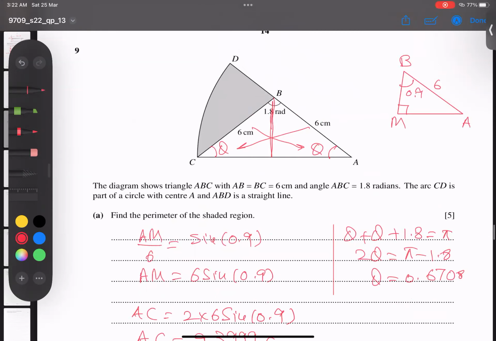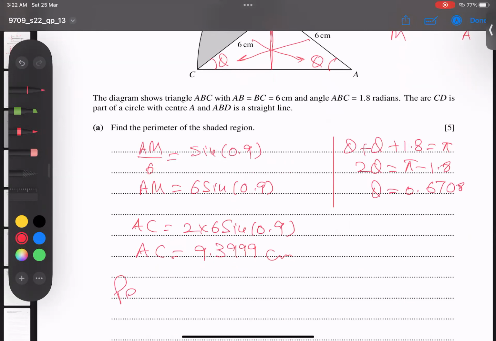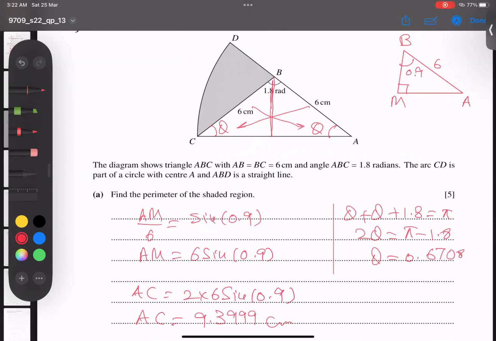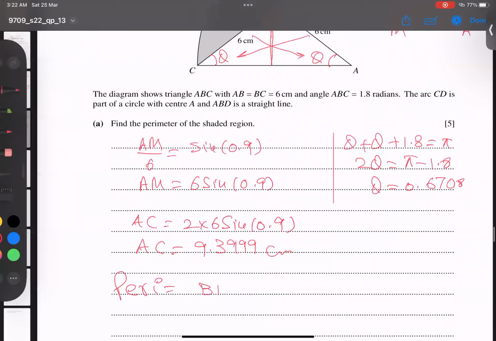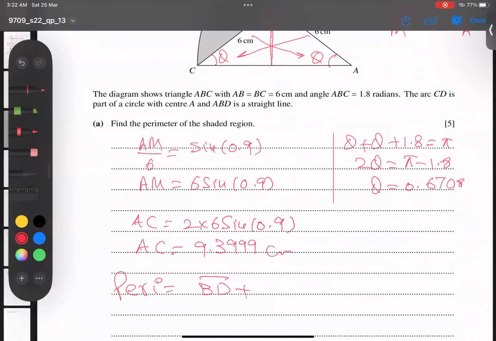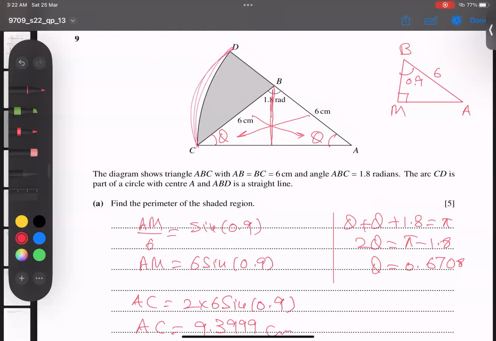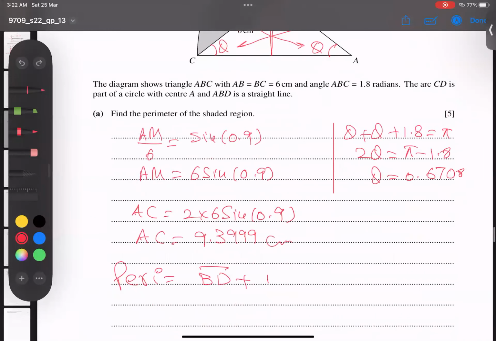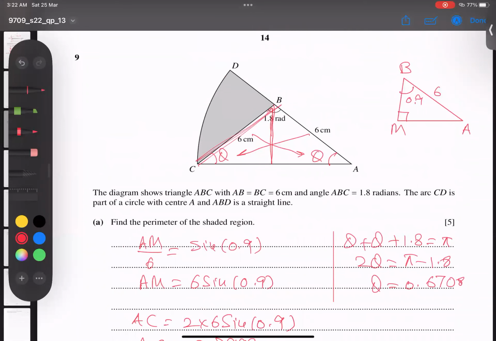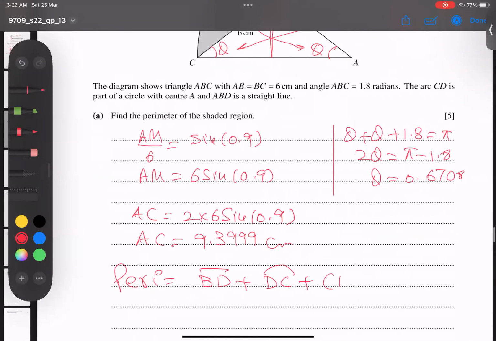And what is looking for your knowledge, I think we can find the perimeter easily now. Let's make a plan. Final plan, perimeter is DB straight length, plus DC arc length, plus CB straight length.